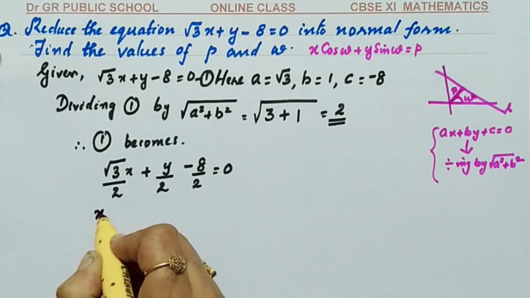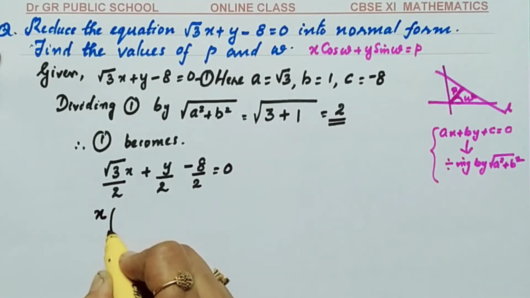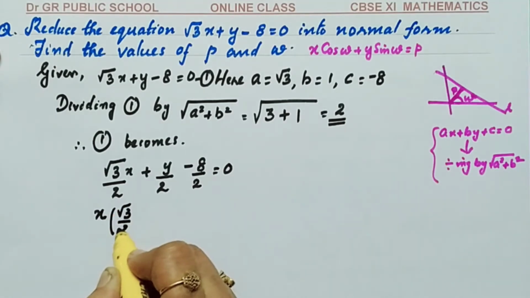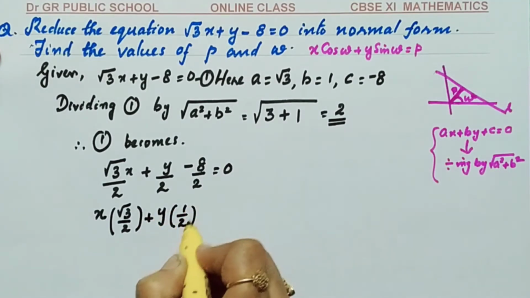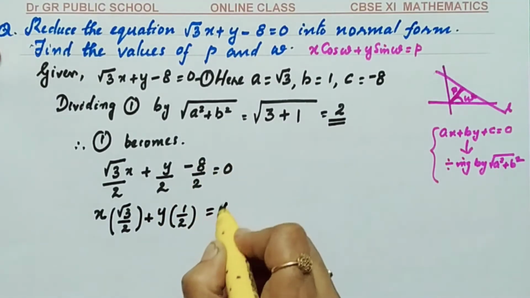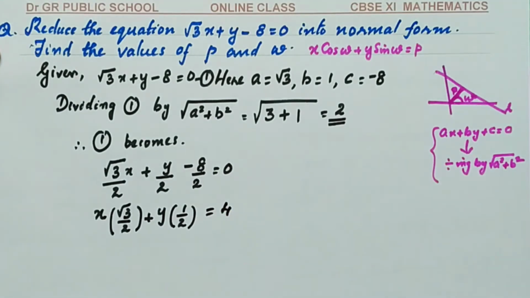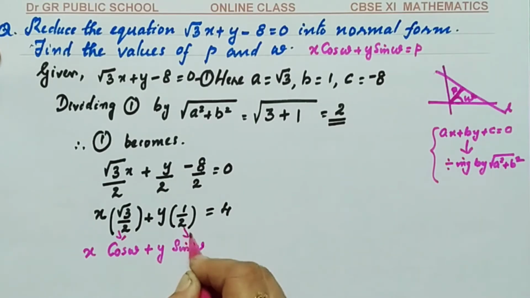So x into root 3 by 2 plus y into 1 by 2, and the minus 4 comes to the right side and becomes plus 4, which is of the form x cos omega plus y sin omega equal to p.